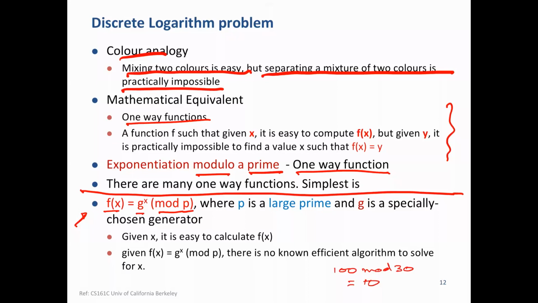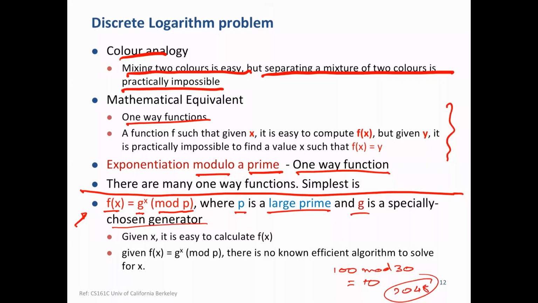Okay, so we define f(x) equal to g raised to the power x mod p, where p is a very large prime. When we say large here, it means in the order of 2048 bits in size, and g is a specially chosen generator.